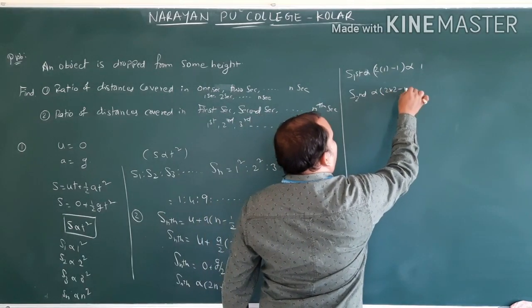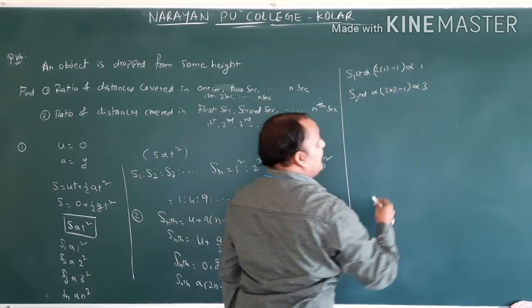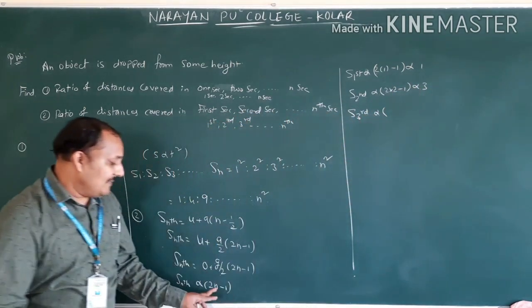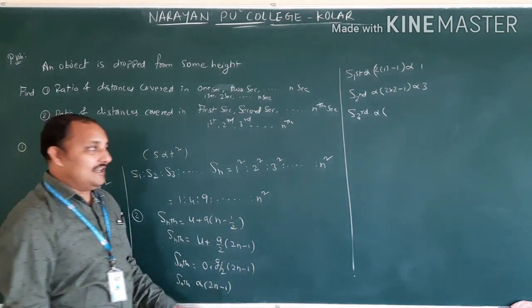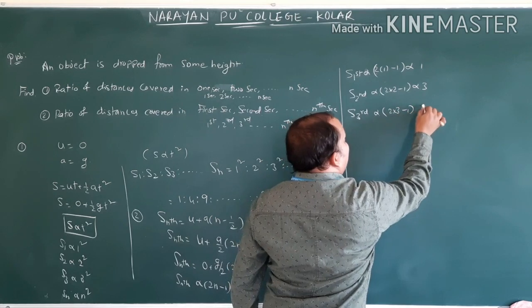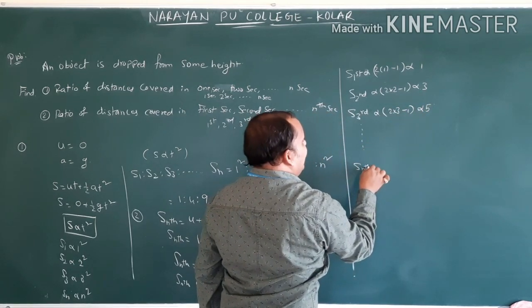So 2 into 2 minus 1 is directly proportional to 4 minus 1. That is nothing but 3. Third second is directly proportional to, in place of n, 3. So 2 into 3 minus 1, 6 minus 1. That is nothing but 5. And so on, Sn.